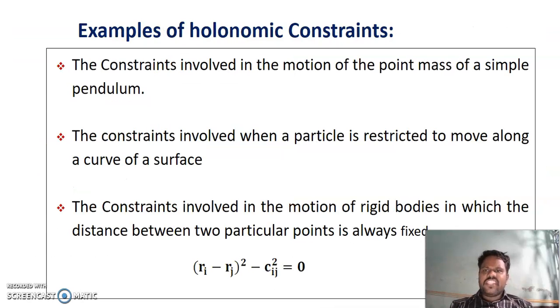Examples of holonomic constraint. Number 1, simple pendulum with a fixed support. Number 2, particle moving along a curved surface. Number 3, the distance between the two particles of a rigid body is always fixed.